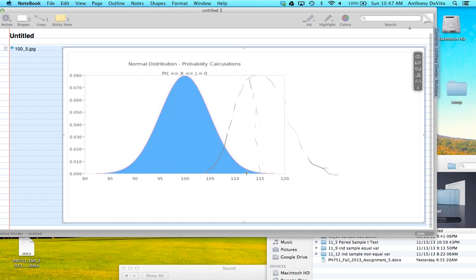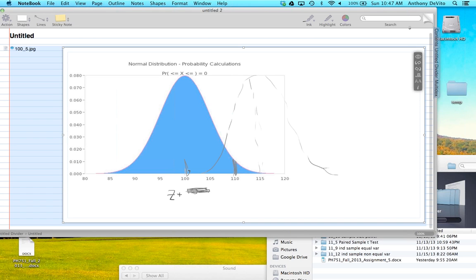In order to reject my null hypothesis, I have to be 2 standard deviations away from my mean here. So my z-score is going to be equal to 110 minus 100. Oh, actually, hang on a second. Let me rephrase that.